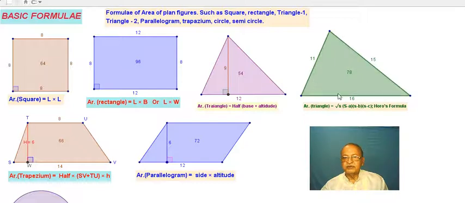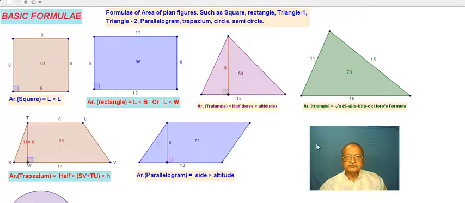S will be equal to 21, since the sum is equal to 42. So we can put these values in this formula and try to get the answer. It will be 78 square unit. Maybe some point difference is there because we have rounded up to the unit place. So there may be a difference. You can calculate, but I hope you will get this value.